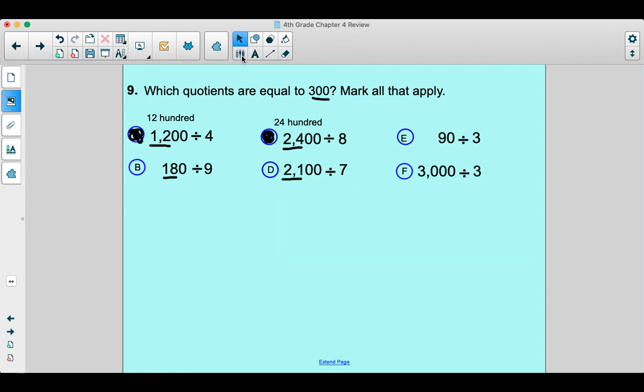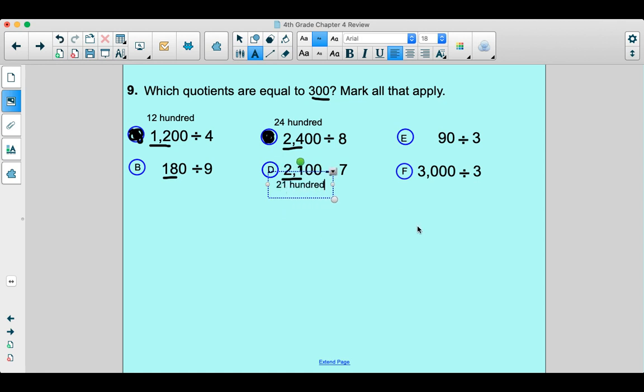Just for the visual. Okay, so 2,100 divided by 7 would be 21 divided by 7, which is 3, because 3 times 7 is 21. And then we have to add on our 100. So this is a yes.